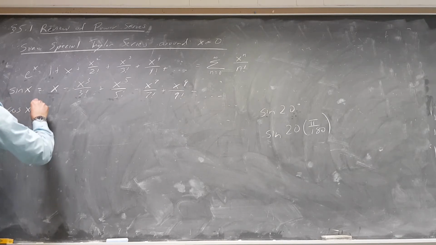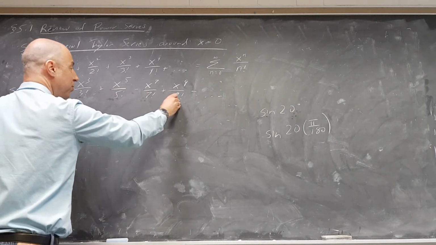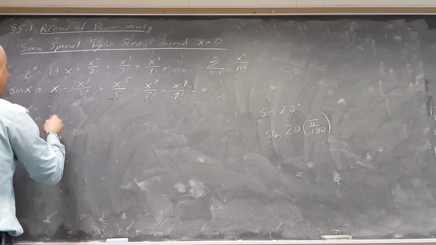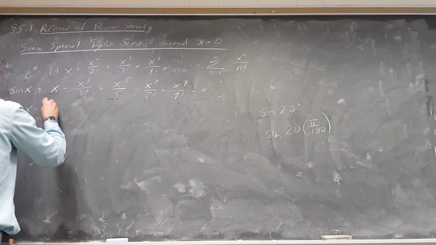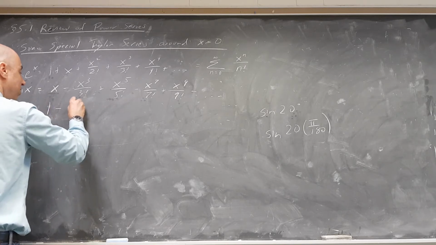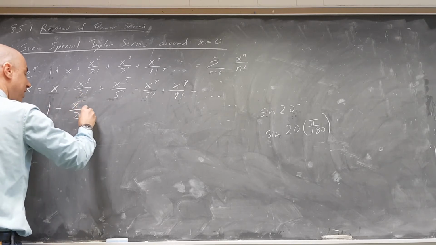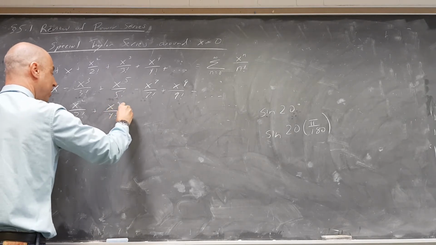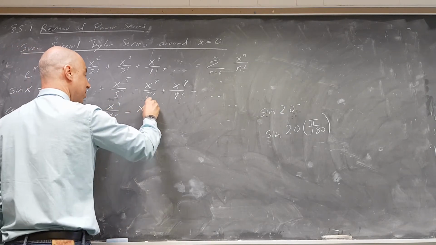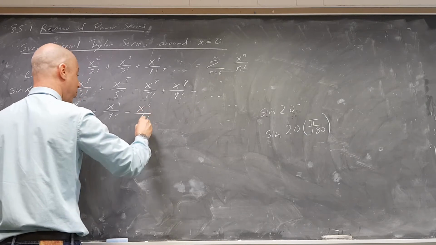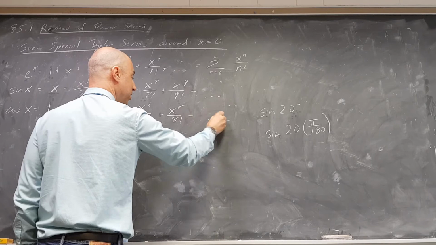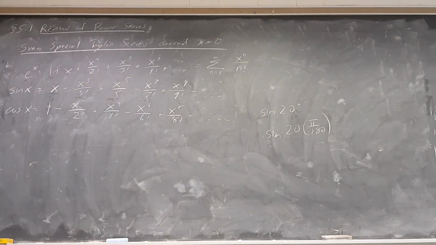And cosine of x, here we have the odd terms. Cosine of x are the even ones, and again they alternate plus and minus. So cosine of x is 1 minus x squared over 2 factorial plus x to the 4th over 4 factorial minus x to the 6th over 6 factorial plus x to the 8th over 8 factorial minus and plus minus plus minus the whole way down.